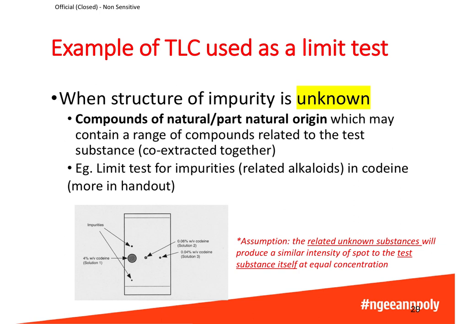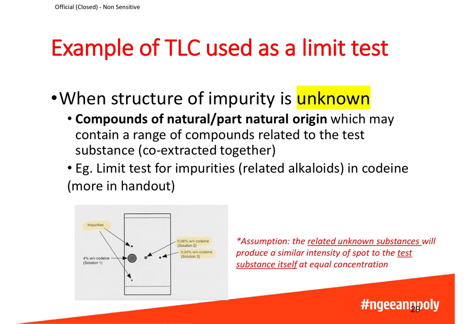One example for this is alkaloid impurities in codeine. In this limit test, the impurities that could be in the codeine sample are not known. So instead of comparing the intensity of these impurities to the intensity from standard solutions of the impurity, standard solutions of codeine are used instead.